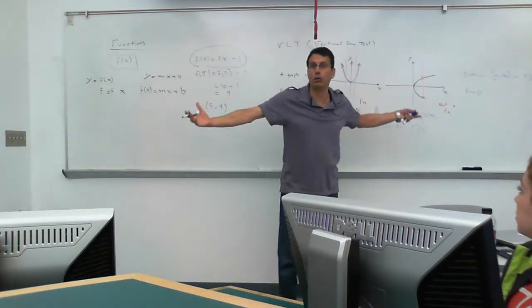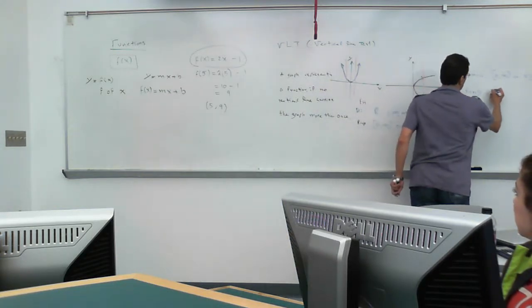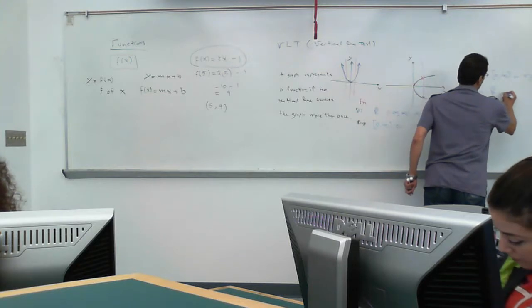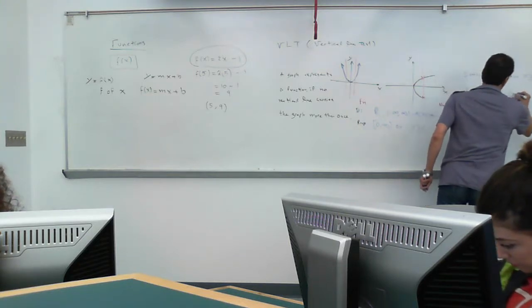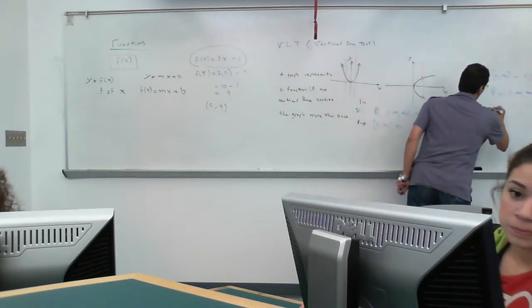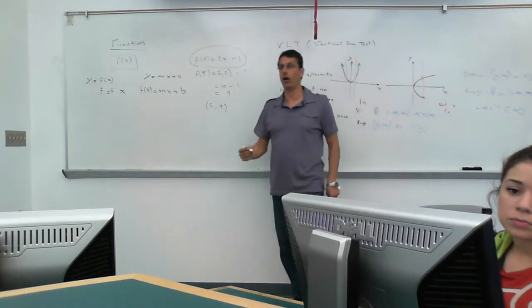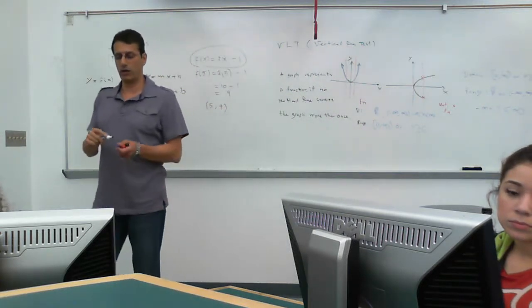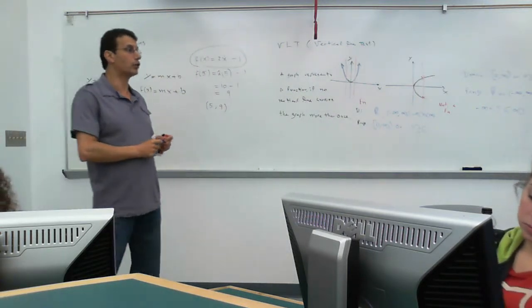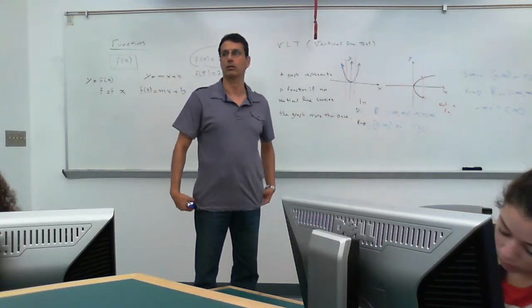All. She says all. Okay, what does it mean when we say all? All real numbers. Or you might say negative to positive infinity. Or you might say y is between negative and positive infinity. They all have the same meaning. I just want to make sure we can distinguish between the domain and range, between the x and y coordinate.